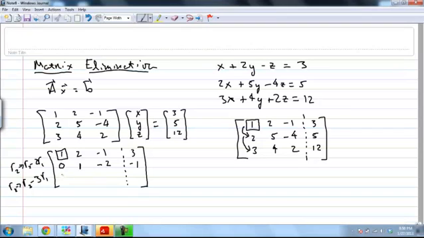That'll give us a 0 in the 3,1 position. In the next position, we're going to have 4 minus 6, negative 2. Then we'll have 2 minus negative 3, which gives us 2 plus 3, 5. And 12 minus 9, which gives us 3.